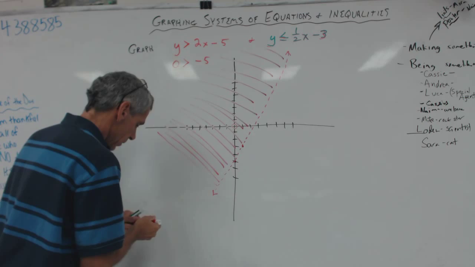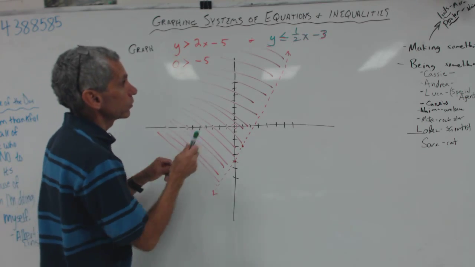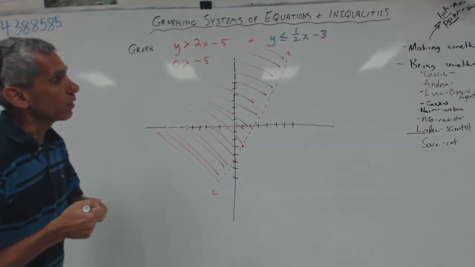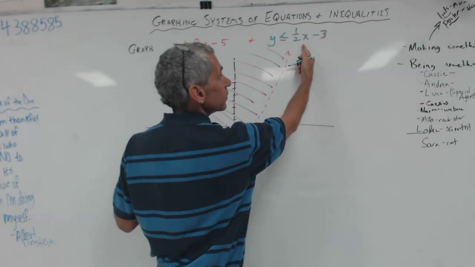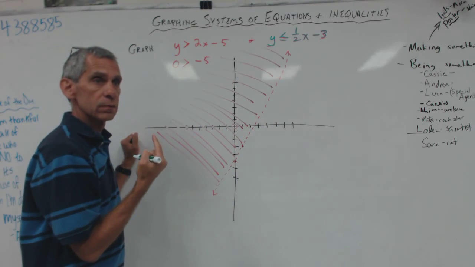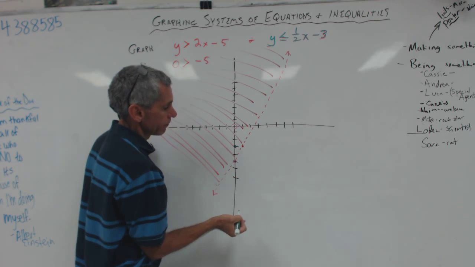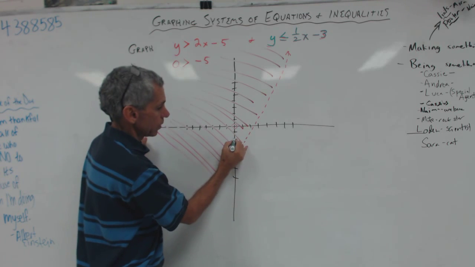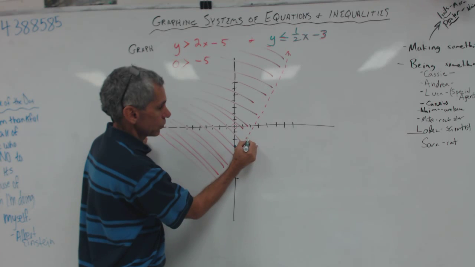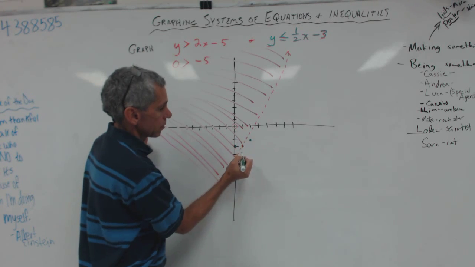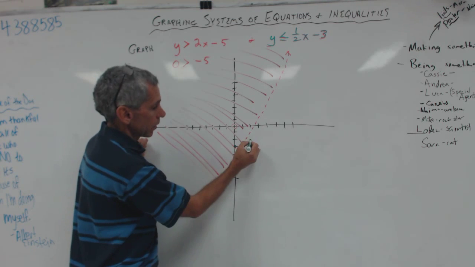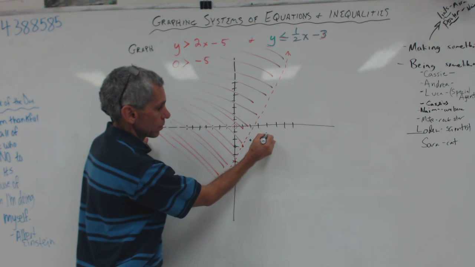Okay, now I am going to graph this one. How would I graph it? Una, help me with this one. I want to be sure you know how to do these. Okay, -3. There we go. Up 1, over 2. Good.